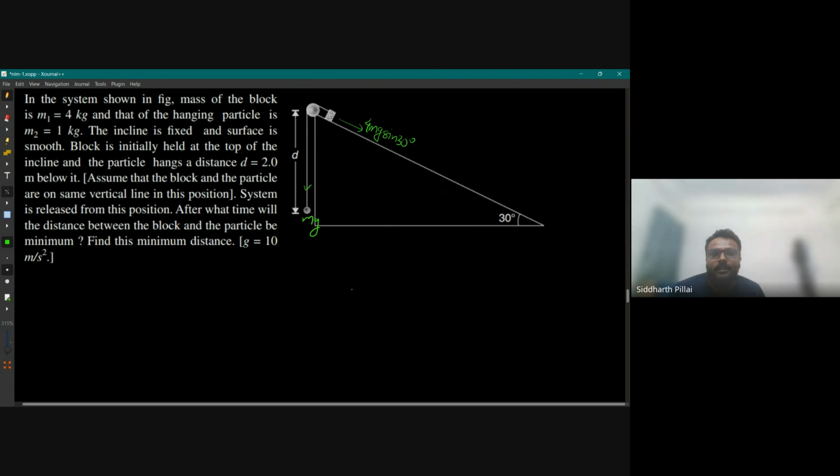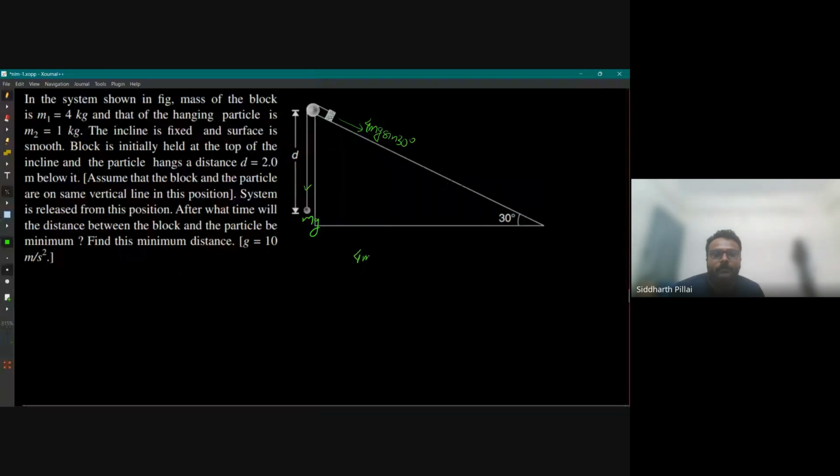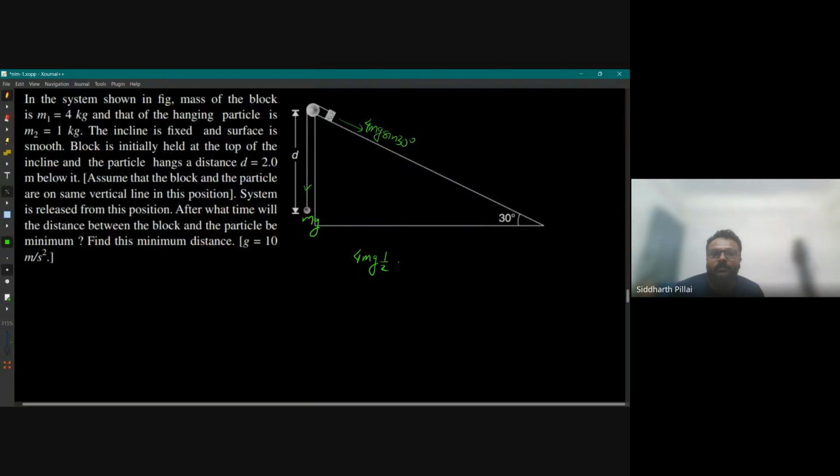This is 4mg sine theta. So the net force acting on the system is 4mg into 1 by 2 minus mg, the force acting on the hanging particle, divided by the total mass of the system, that will be 5m.